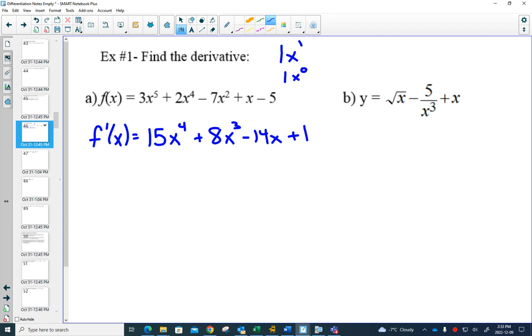So if you have something that's just an x, it just becomes the number in front. This is worth thinking about also from a graphical perspective. If I had the graph of just y equals x, can you see that that would just be a straight line? And can you see that all the tangents are identical to that line, no matter where you put it?